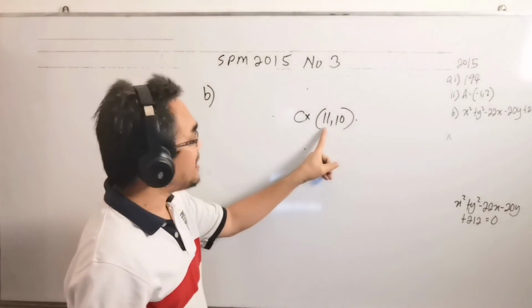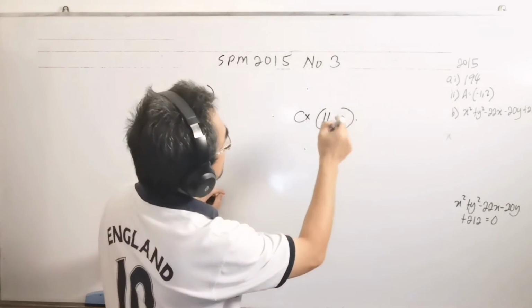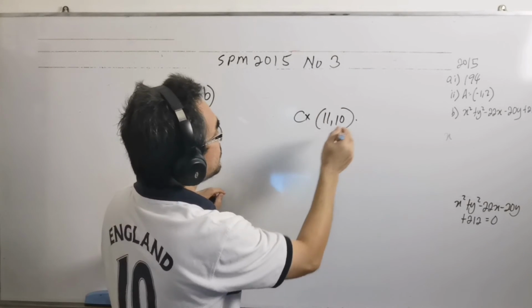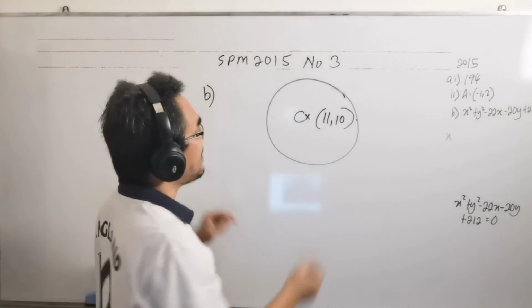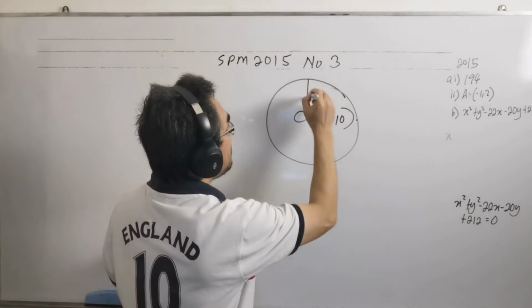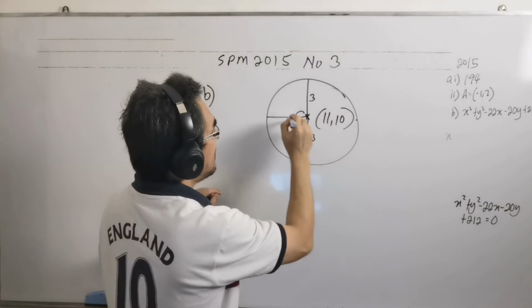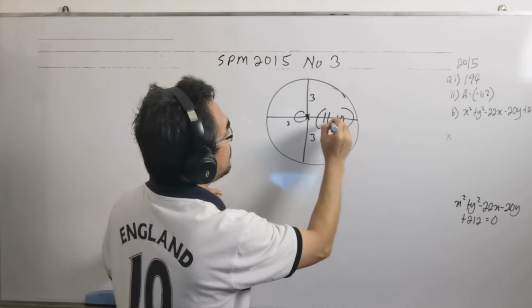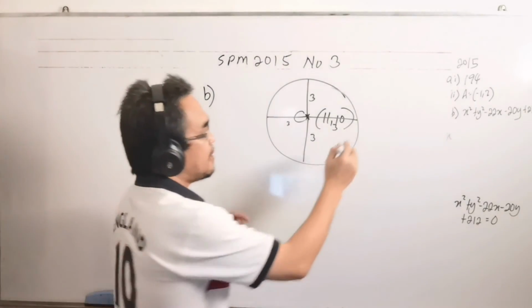Because this coordinate is given, I would tell you that it's better for me to draw a circle around C. It's like that. So the radius will be 3. So how to do this?